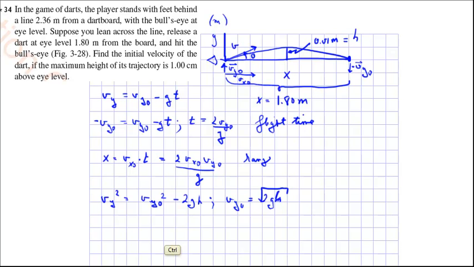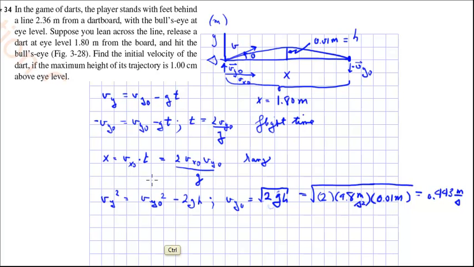That's 2 times 9.8 meters per second squared times 0.01 meter, which gives 0.443 meters per second. That's the initial upward y velocity that will work.